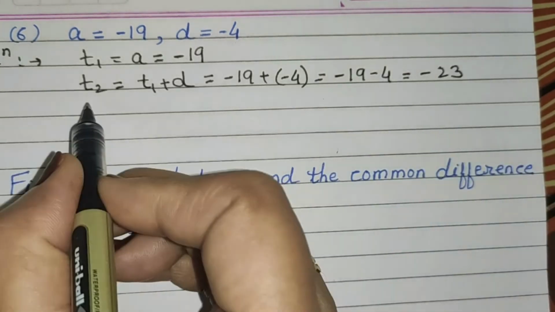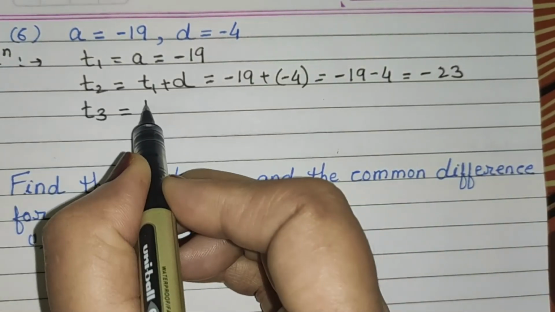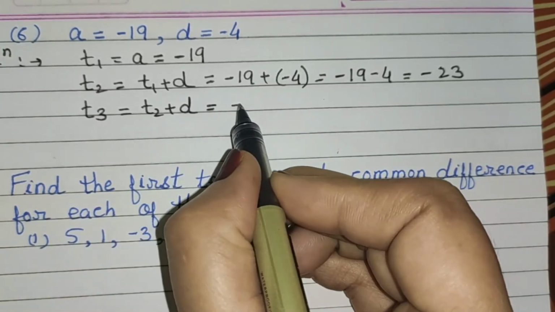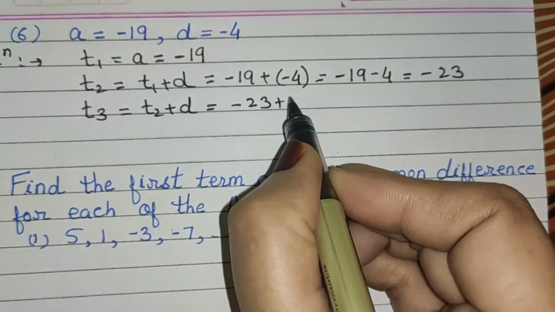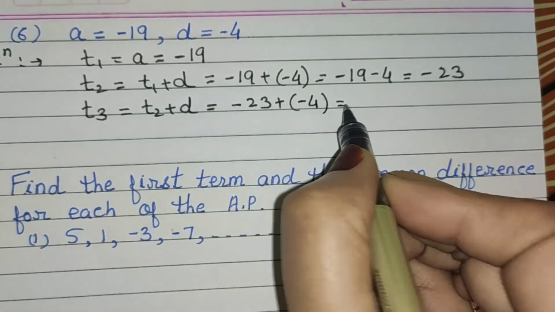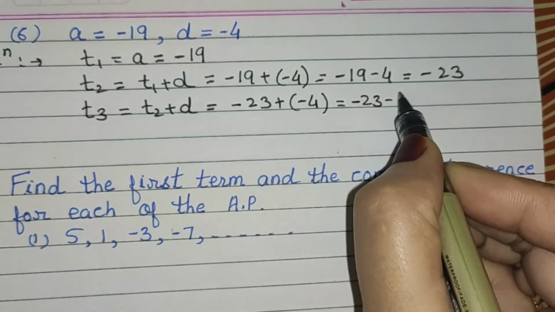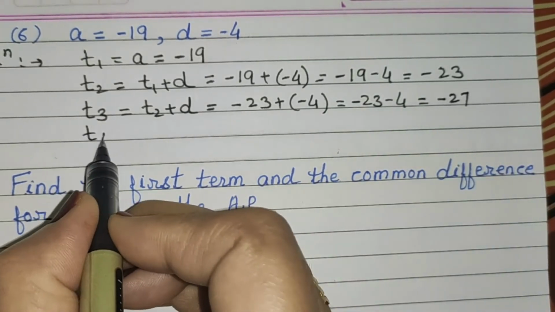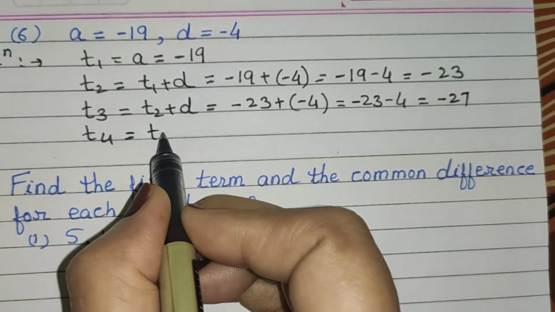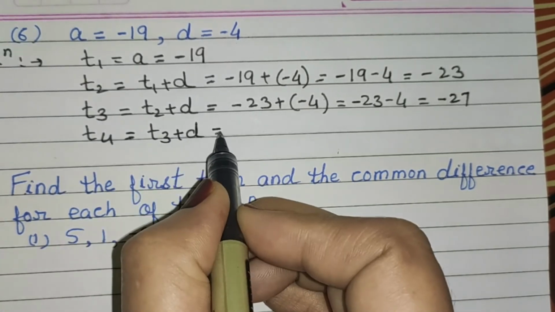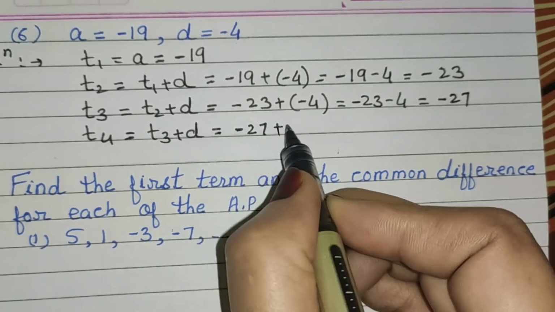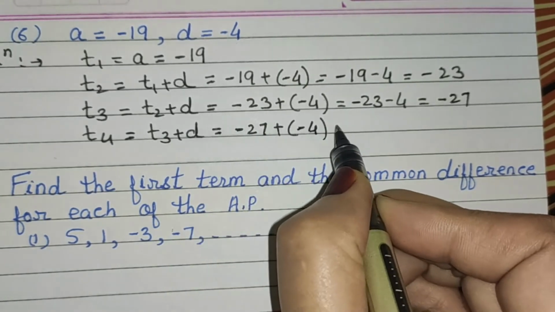Now the next, T3 is equal to T2 plus D. T2 is minus 23 plus minus 4. Minus 23 minus 4, we get minus 27. T4 is equal to T3 plus D. T3 is minus 27 plus minus 4.